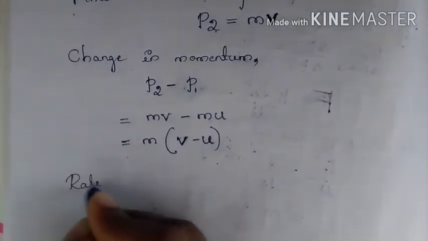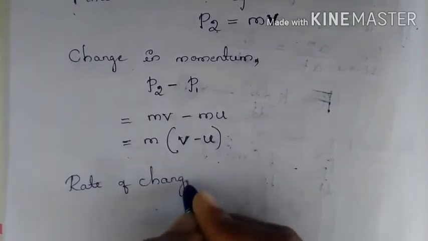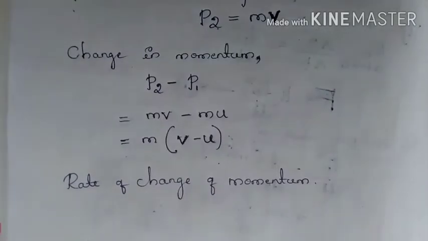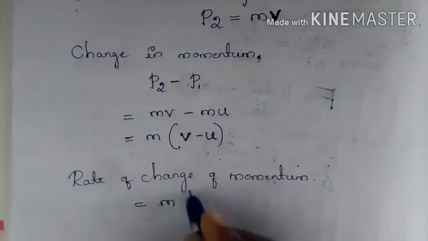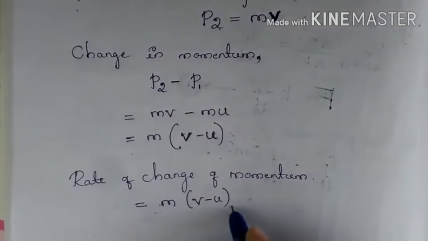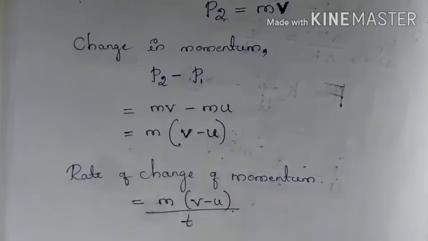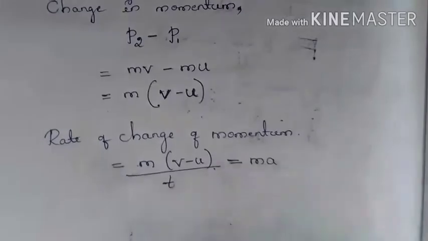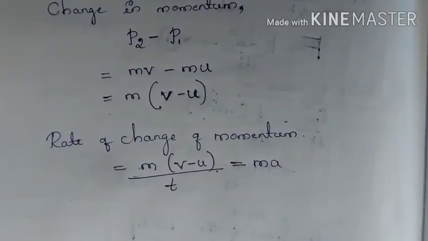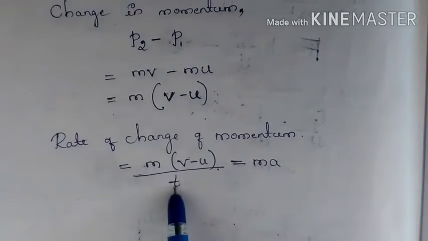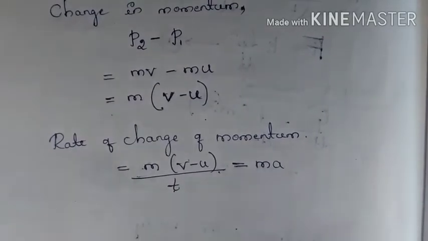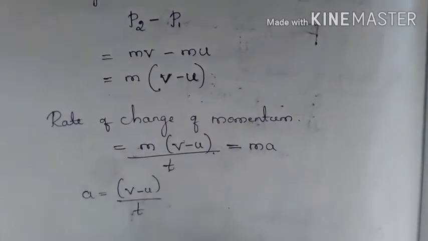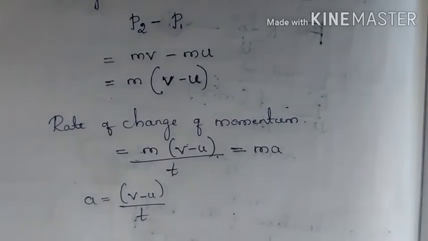So the rate of change of momentum is m(v minus u) divided by t, which is equal to ma. Clear? So here a is (v minus u) by t. So a is the acceleration of the body, the change in velocity with respect to time.